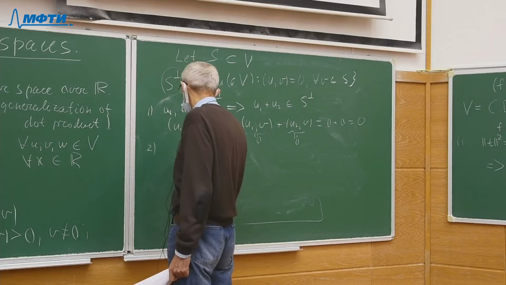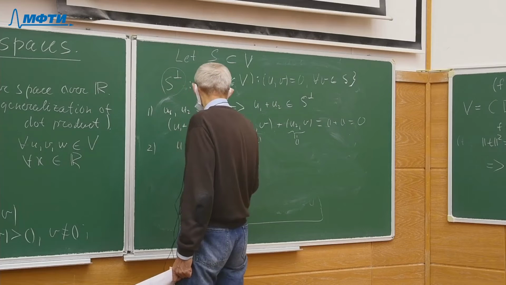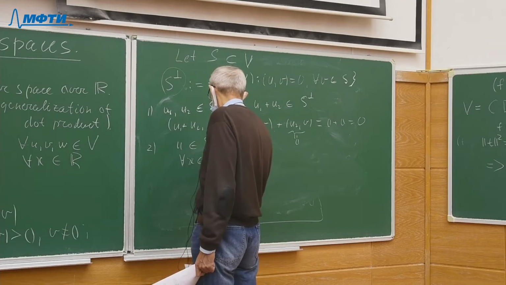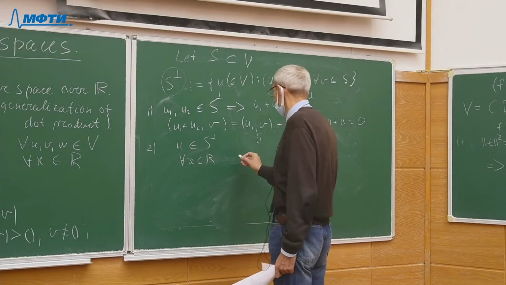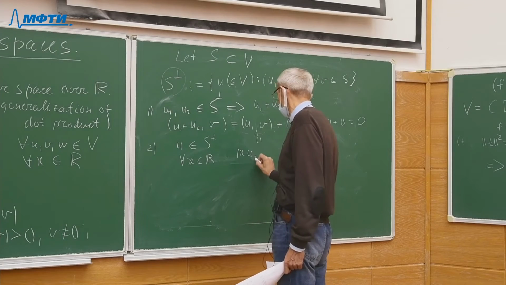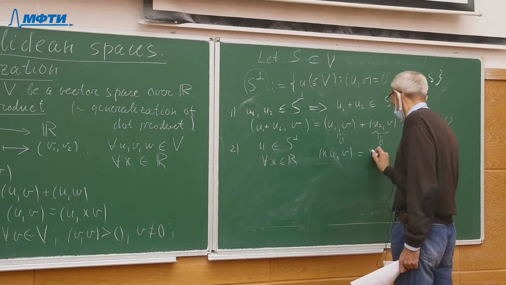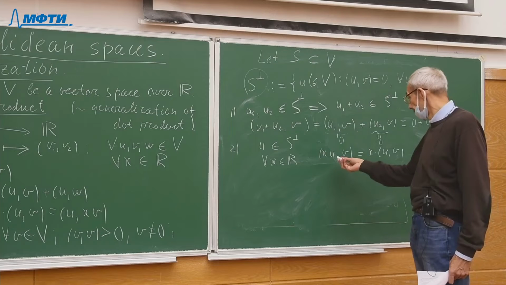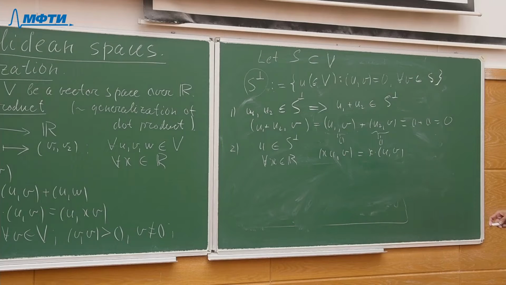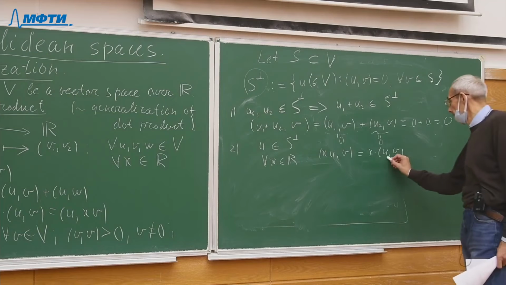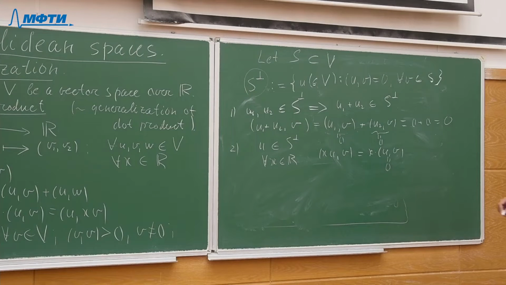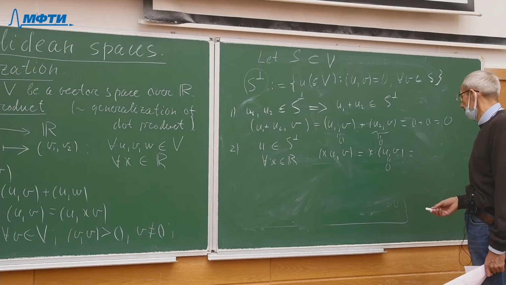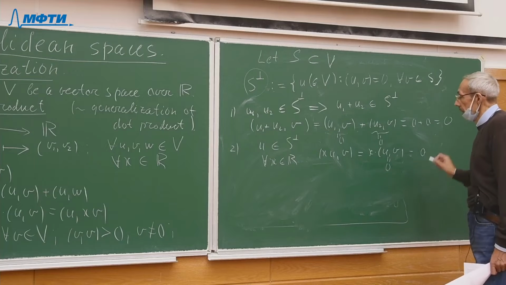And the second property: if u belongs to S perpendicular and x is any real number, we have the scalar product (xu, v) equal to x times (u, v). Since u belongs to S perpendicular, this scalar product is equal to 0, and the product of an arbitrary scalar x and 0 is equal to 0.